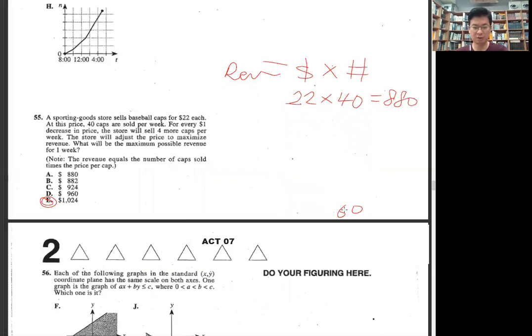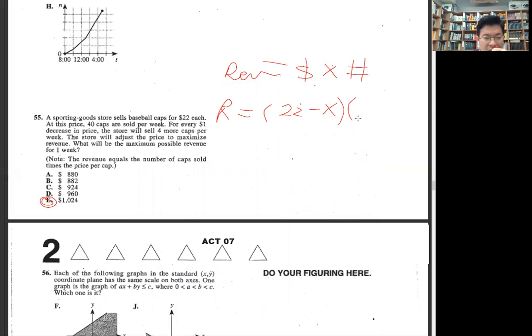And then another way you can do this is revenue equals 22 minus every dollar, which is X, right? Then times the 40 caps we're supposed to sell, plus 4 more for every one you reduce from the price.